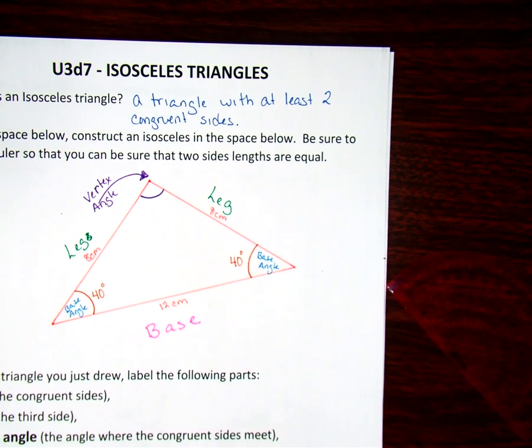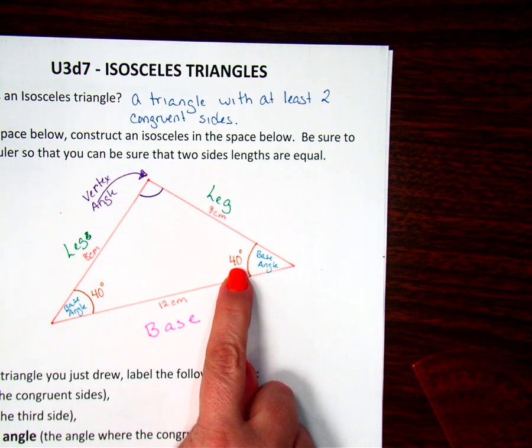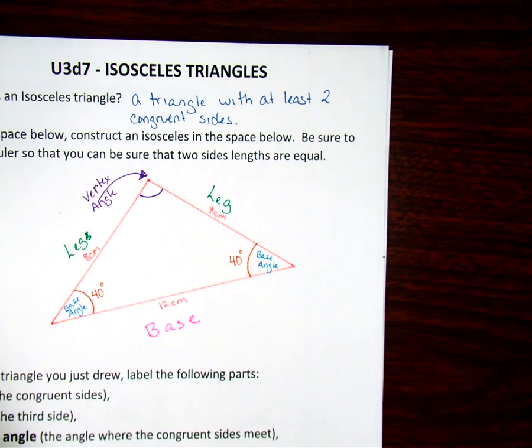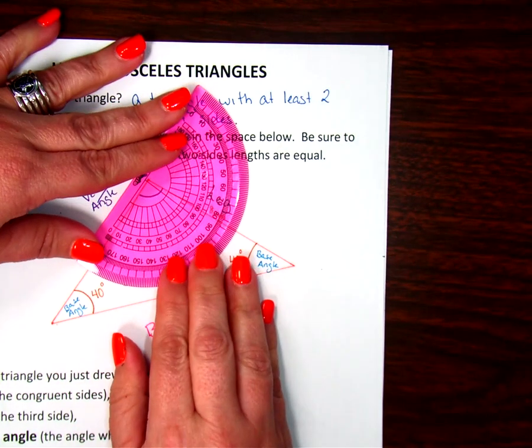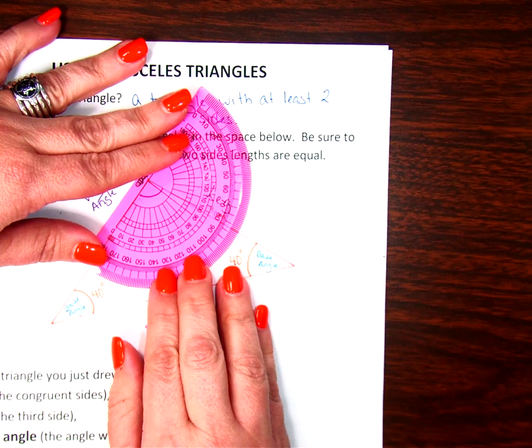Okay. Now, it didn't ask me to find the vertex angle, but I can figure it out without even having to measure, right? Because if I have 40 here and I have 40 here, that's going to be 80 degrees. So 80 from 180, because the three angles have to make 180, this one should be 100 degrees. So let's see how close we got to being 100 degrees.